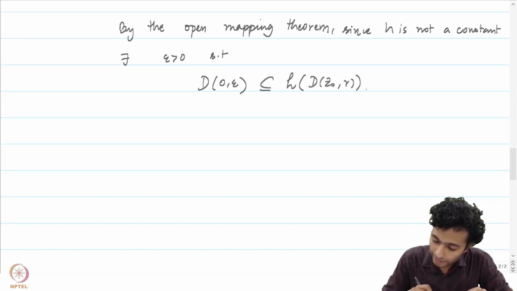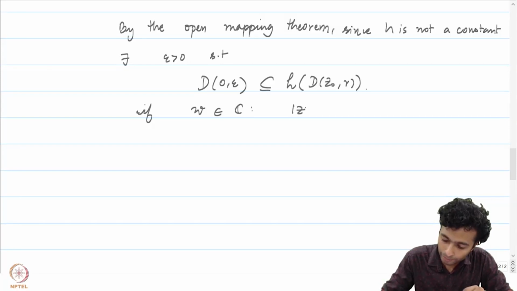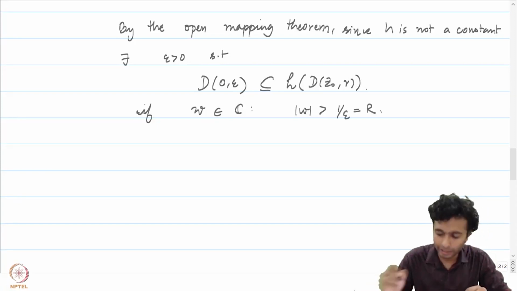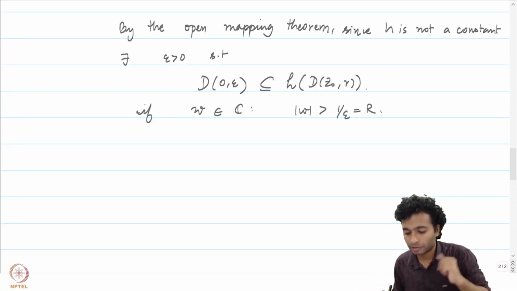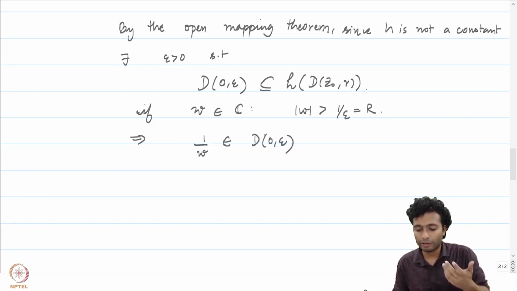In fact, we can say a little more. Let w now be in C such that mod w is greater than 1 by epsilon. Let me call this 1 by epsilon capital R. Suppose this is the case, this would imply that 1 by w belongs to D(0, epsilon). In particular, w is not 0, remember that.